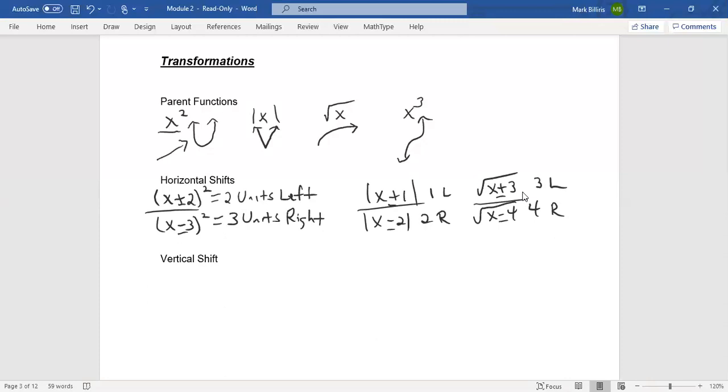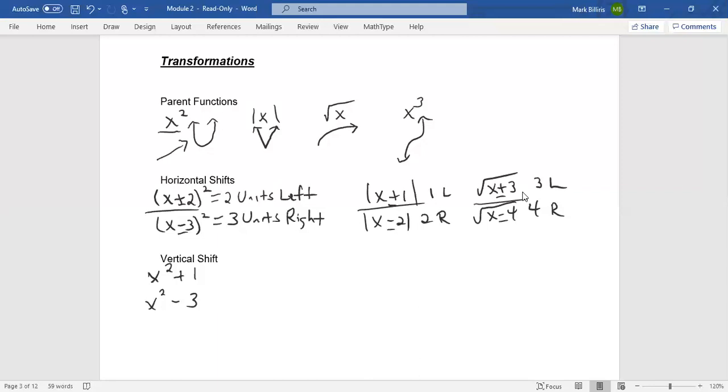So let's look how that differs from a vertical shift. So notice in our first example, the 1 isn't in parentheses and not being squared.